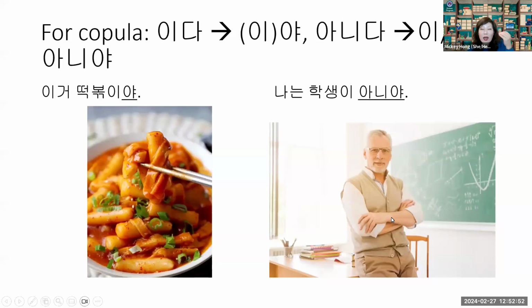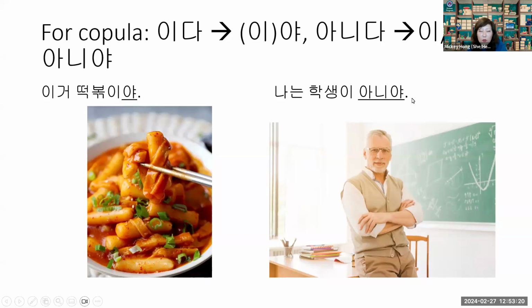For ida, in this intimate form, if the noun ends with a consonant, it would be 이야, or 야. For 아니다, it becomes 아니야. 이거 떡볶이야. This is tteokbokki. And if the teacher is talking to somebody who's a lot younger, he would say 나는 학생이 아니야.